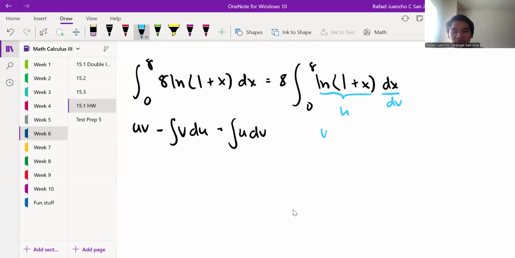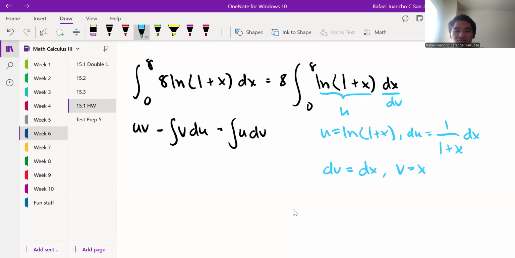And so from there, I get u as this. My derivative would be, so the derivative of a natural log is 1 over 1 plus x dx. My dv was dx, and so my v is x.